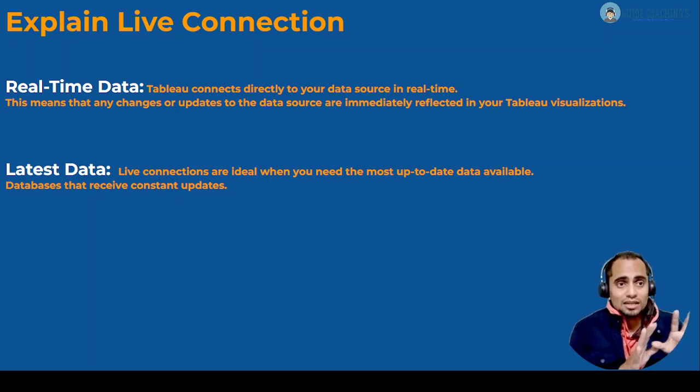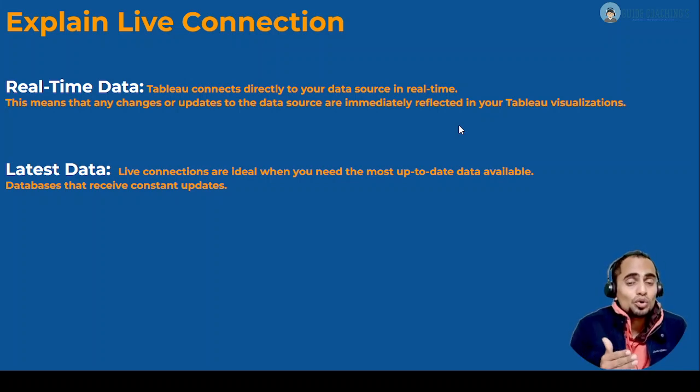Those orders get stored in a database from where you fetch the records to create visualizations, to understand business growth and know which product is being sold the most. To get that, we can create a live connection, and it will give us the latest data. A live connection is ideal when you need the most updated data available.